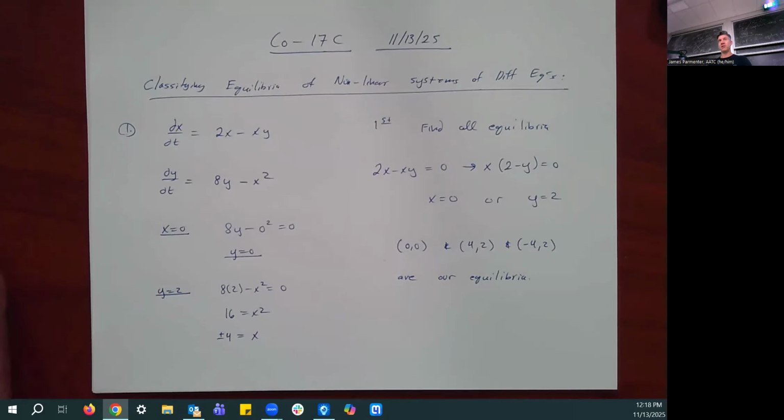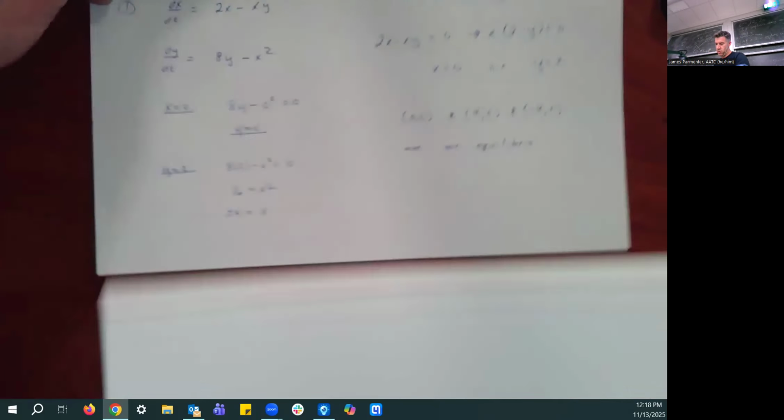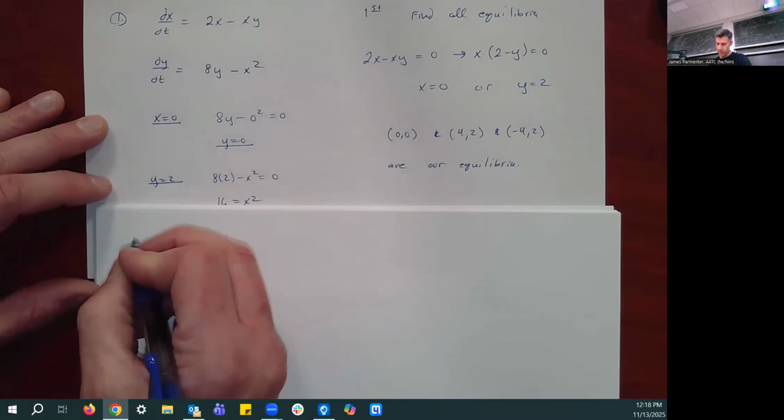Now, let's go through the process of how we classify them. To classify them, all we need to do is find the Jacobian matrix, plug in the equilibria, and analyze it like we usually would for a matrix of a linear system of differential equations. So, step 2, find the Jacobian matrix.